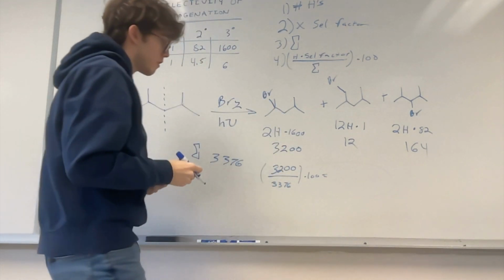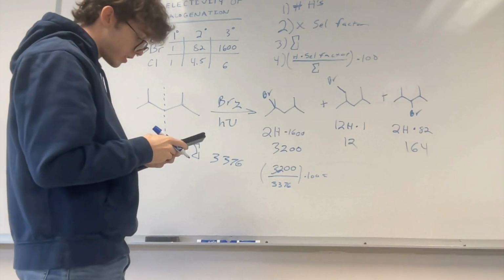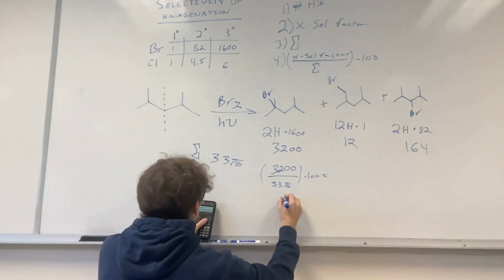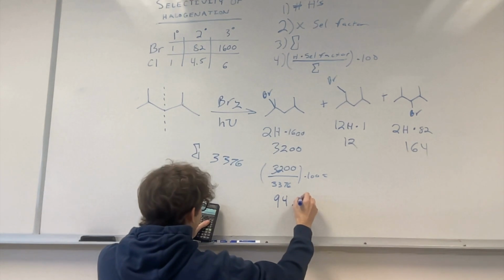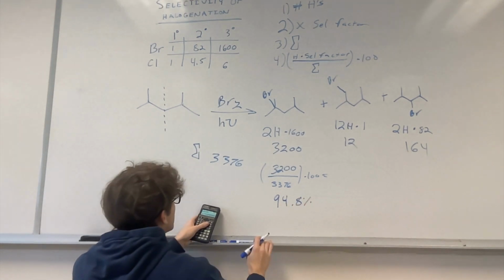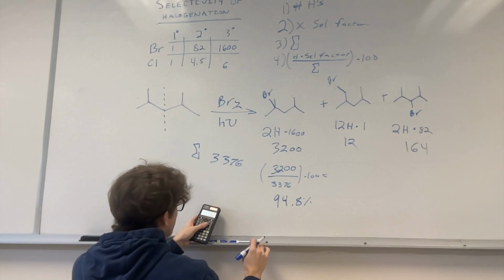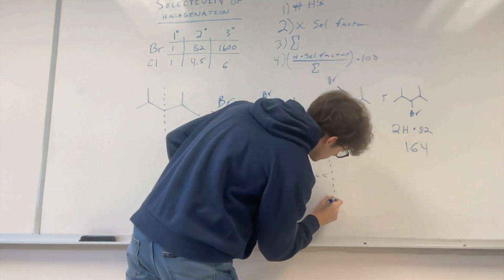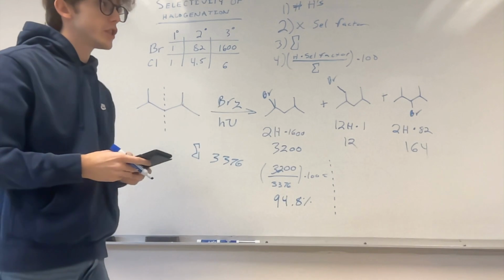What percentage of our product will be that? 3,200 divided by 3,376 times 100. We would get an expected theoretical yield of the tertiary product to be 94.8%. We'll round to 3 sig figs. Sig figs are not important here. Okay, so 94.8% of your product will be tertiary.